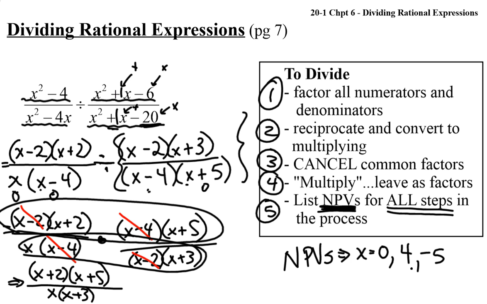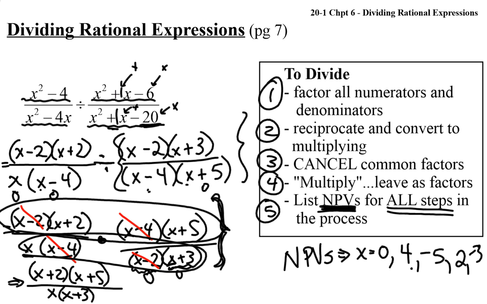Almost finished. The last bit is we didn't check for NPVs in this step here. Well, we dealt with the x and the x minus 4, but if x minus 2 is 0, that's bad, which would mean x was 2. If x plus 3 was a 0, that would be bad, and that would occur if x is negative 3.